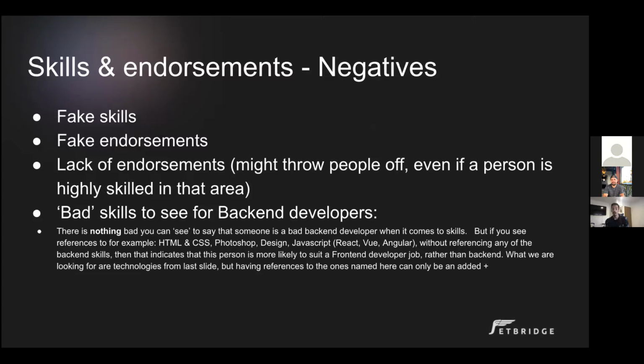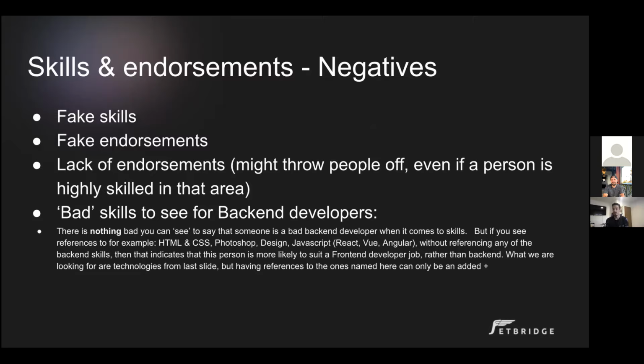endorsements. Lack of endorsements is weird because it can throw recruiters off. For example, you can see 0 endorsements and think, oh, this person isn't really good. But it can also happen that the person is really good, just doesn't have many endorsements because, I don't know, maybe he was working fully remotely or working alone on a few projects.